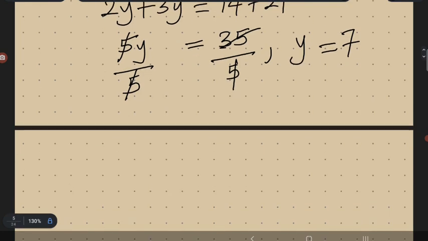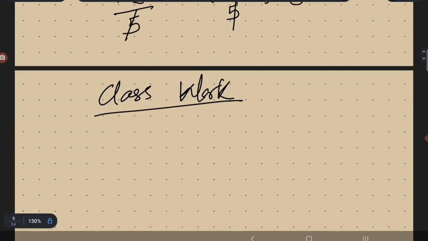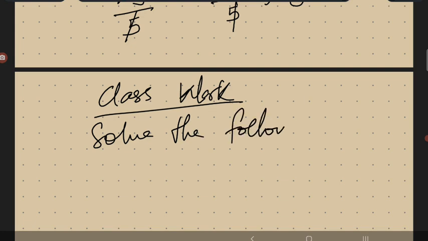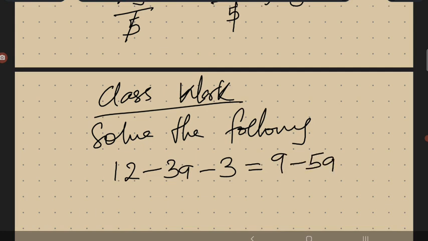So I want you to do this as class work, to know whether you are really getting what you are trying to do. Solve the following equations. The first one is 12 minus 3a minus 3 is equal to 9 minus 5a.